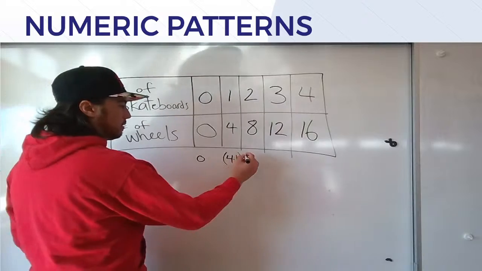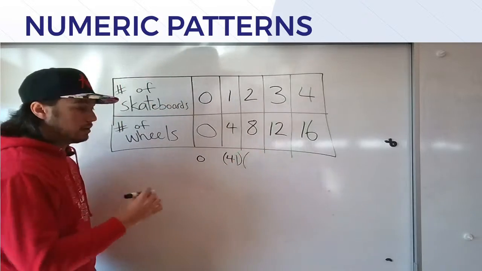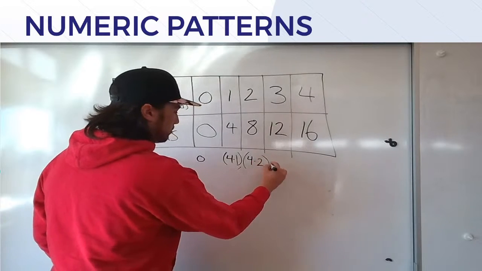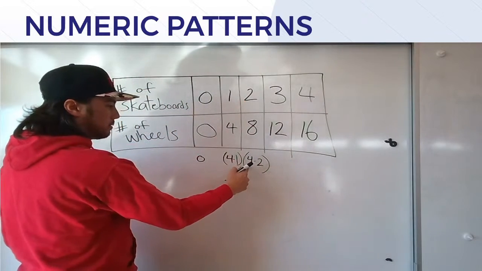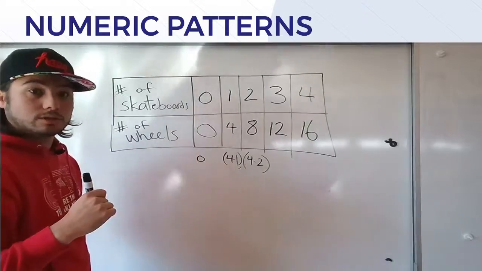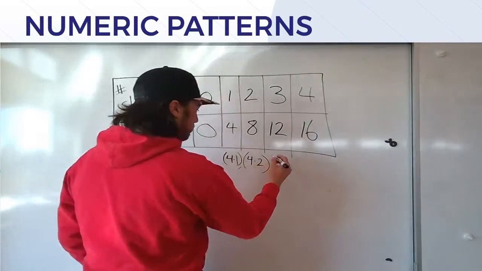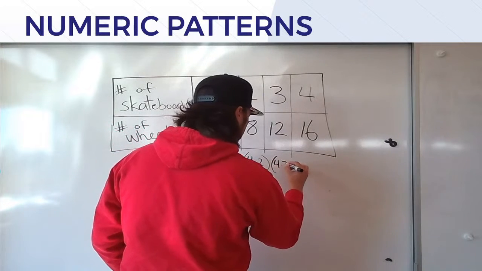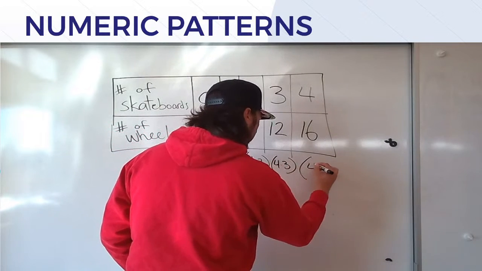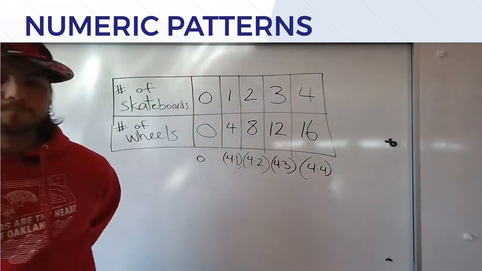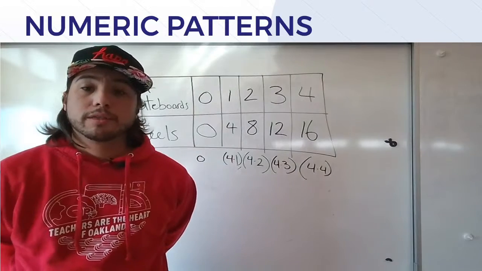Right? 8 would be how many sets of 4? 2, right? 2 skateboards, 4 wheels on each skateboard makes 8. This one, 4 times 3, and then 4 times 4, right? Okay, so there's our pattern.